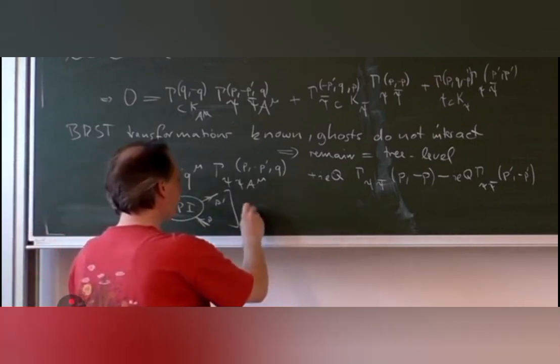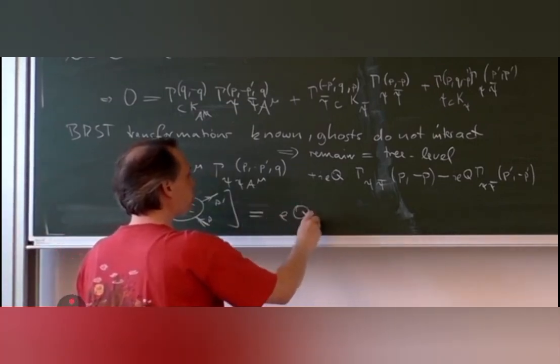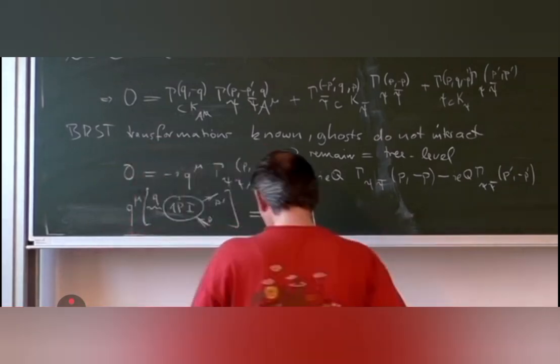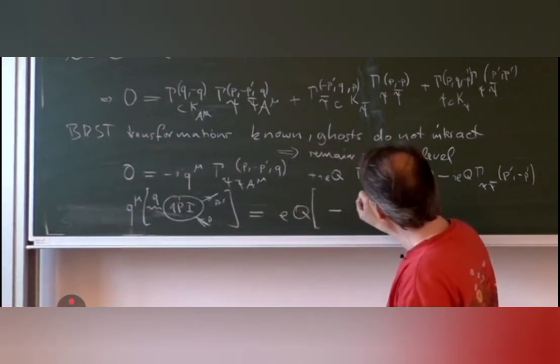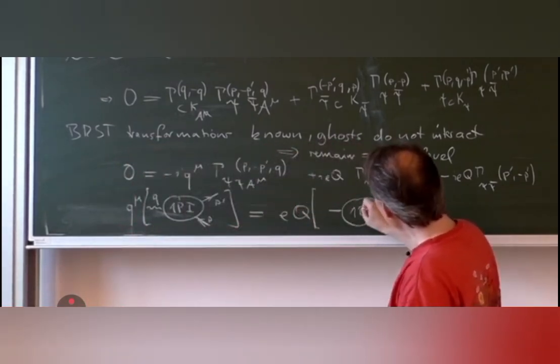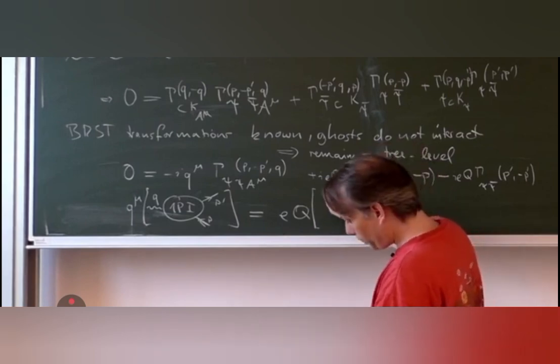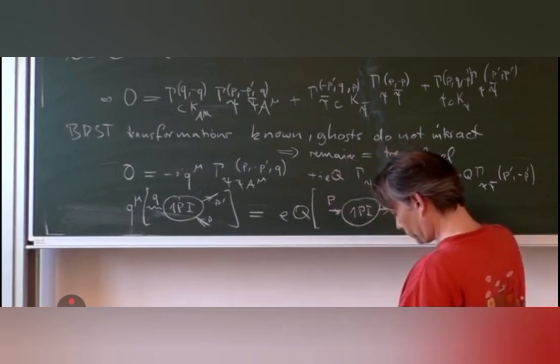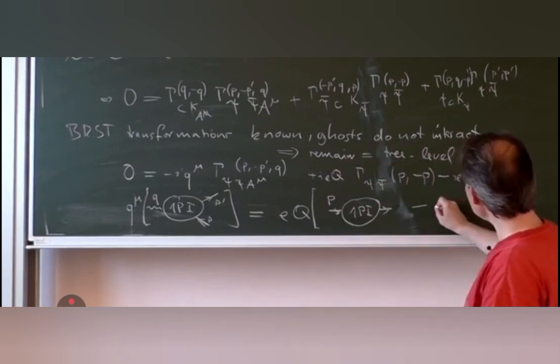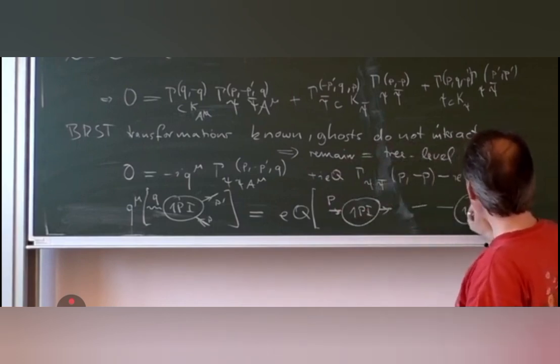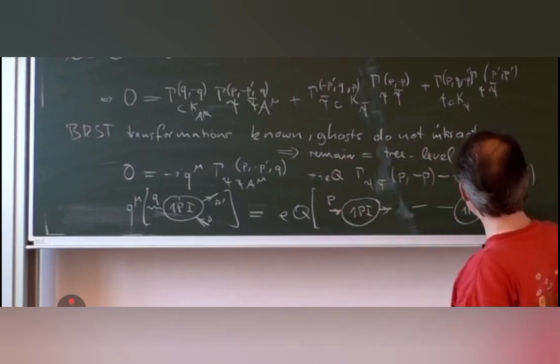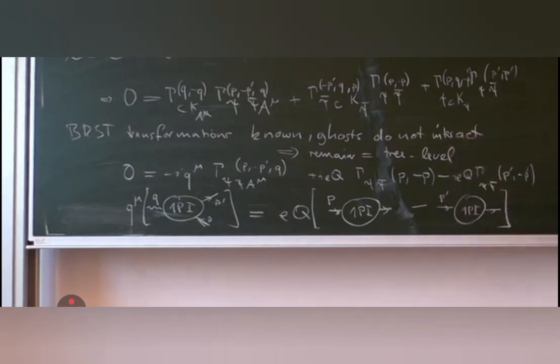And on the right-hand side, we have e times q times the difference between two self-energies, namely this electron self-energy with momentum p minus the same with momentum p prime. This is the identity.